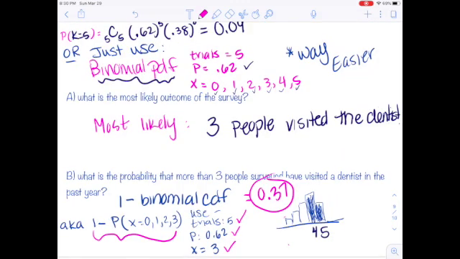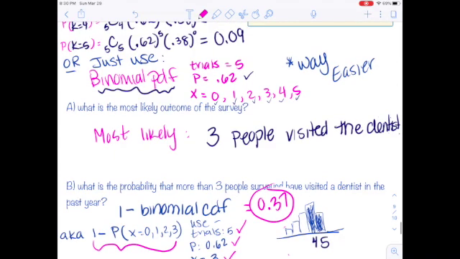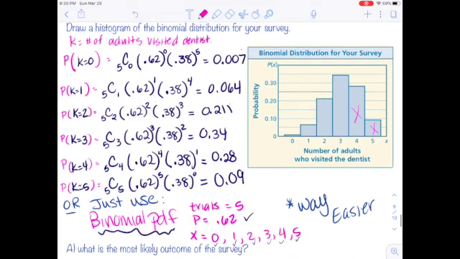Okay. The last problem, we look at what is the probability that more than 3 people surveyed have visited a dentist in the past year. We're looking really for 4 and 5 people who have gone to the dentist, right? Because you're talking about more than, so you don't want 3 or below. Looking at the diagram, what we're looking for is the 4 probability and the 5 probability.